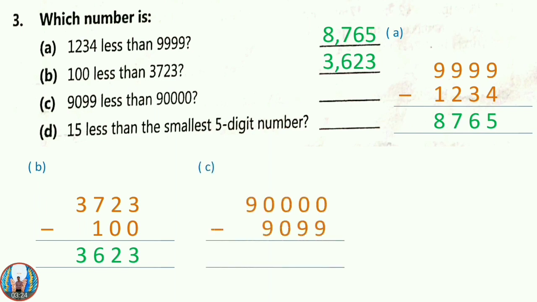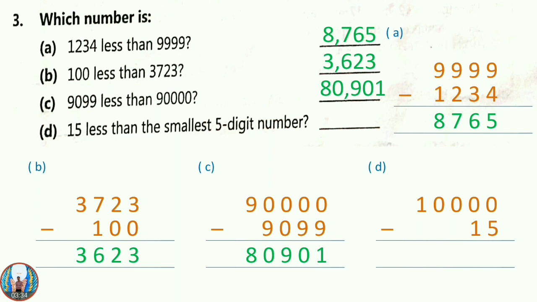In the third question, 90,000 minus 9,099 is equal to 80,901. In the fourth question, 10,000 minus 15, because the smallest 5-digit number is 10,000, so 10,000 minus 15 equals 9,985.